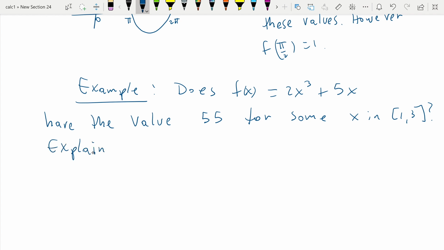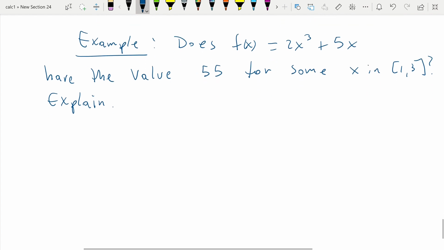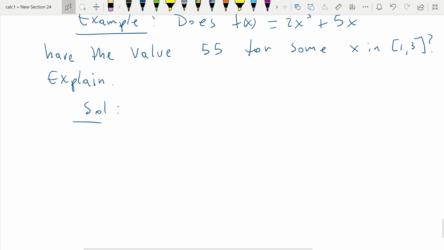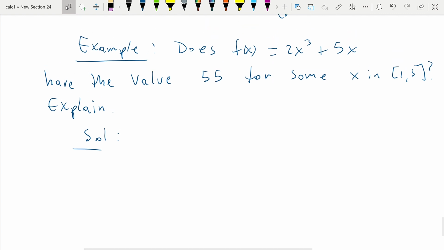Explain. So for the solution, we know f is continuous. It's a polynomial. This is continuous everywhere, in particular in between 1 and 3.